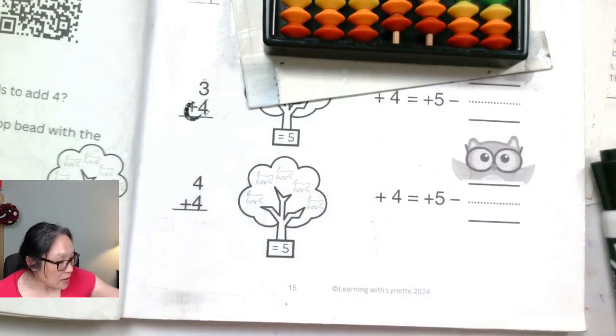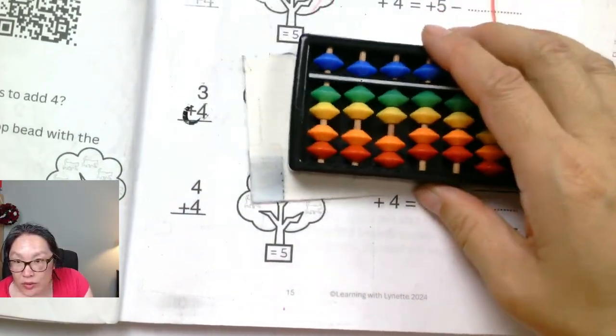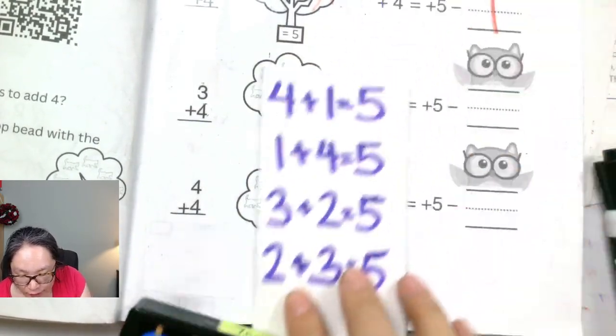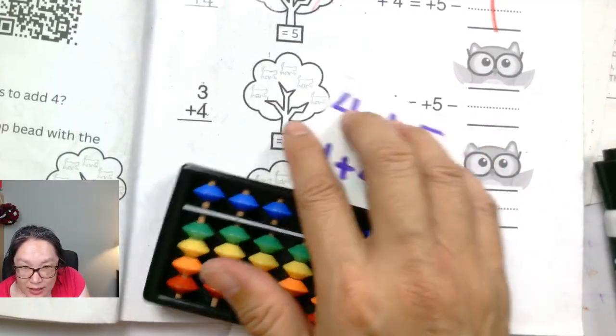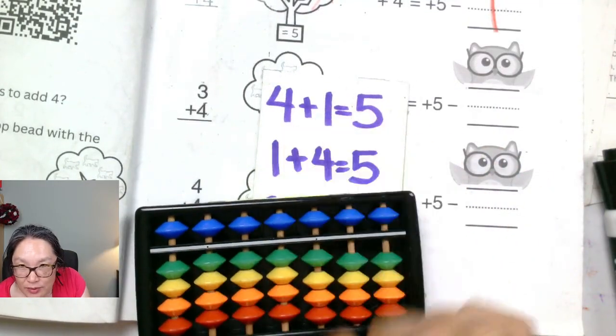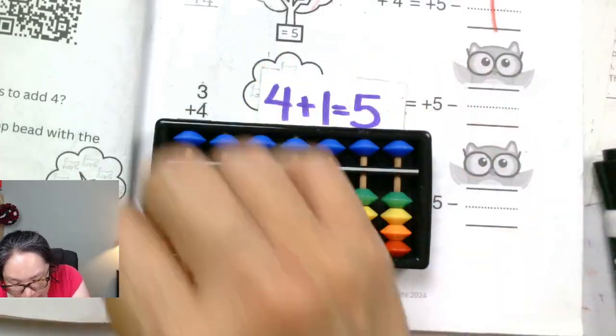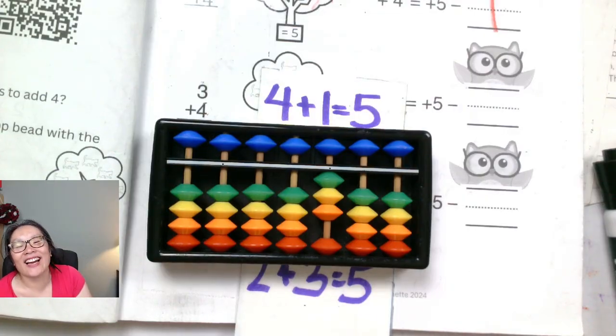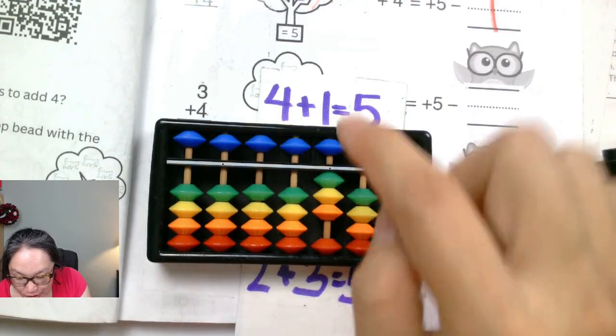Okay, so what are we going to do? We're going to understand how to make a 5. We know how to make a 5. We're going to understand this concept because on the abacus, we don't have enough beads to add the 4. We're not going to memorize. Notice we're going to add the 4.